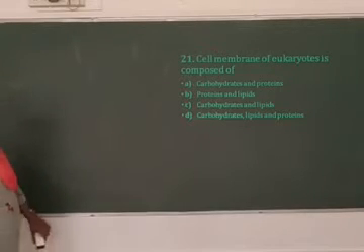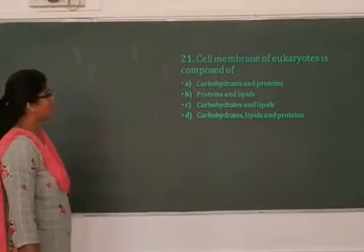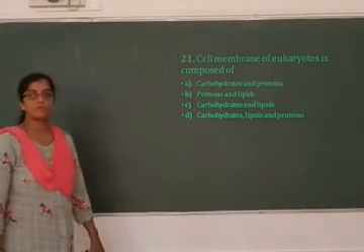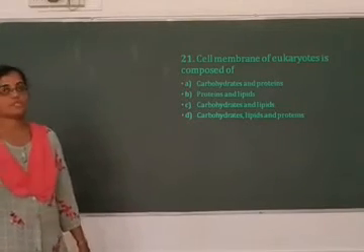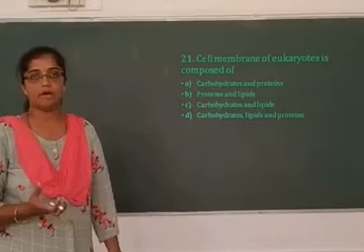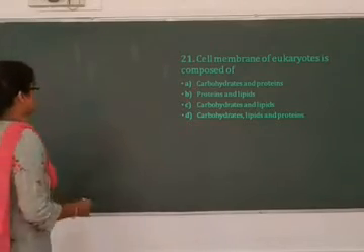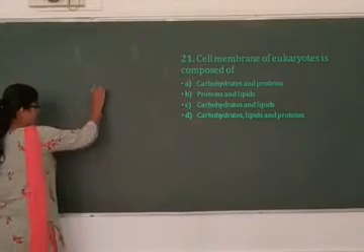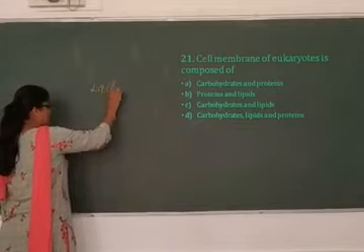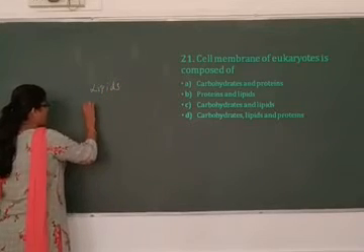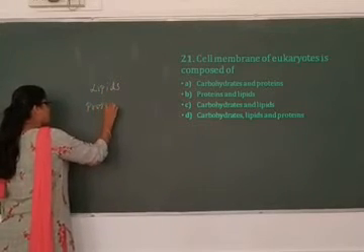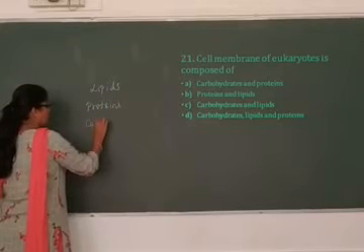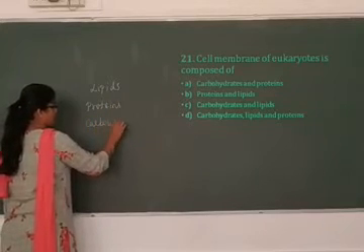A cell membrane of eukaryotes is composed of. The composition of the cell membrane we are talking about, and we have discussed it earlier also in the earlier slide. The cell membrane basically is composed of lipids, proteins and carbohydrates.